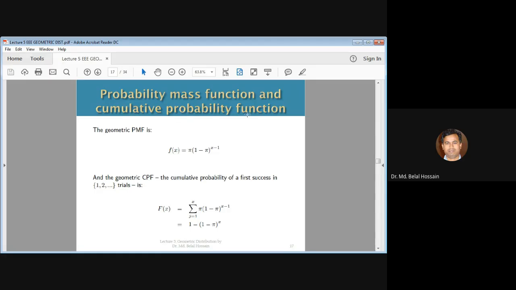And cumulative probability function is just the summation of all the values less than or equal to x. So we are summing j equals 1 to x, okay, from 1 to x values. So it is actually 1 minus pi to the power x. It can be proved another way, okay.